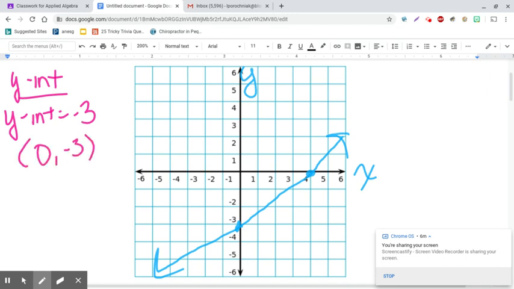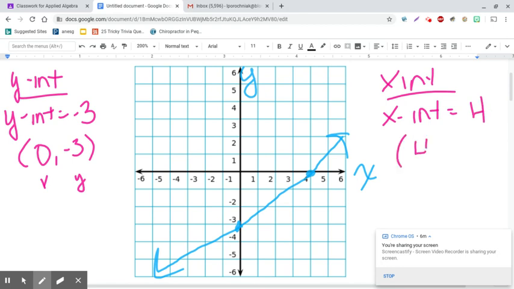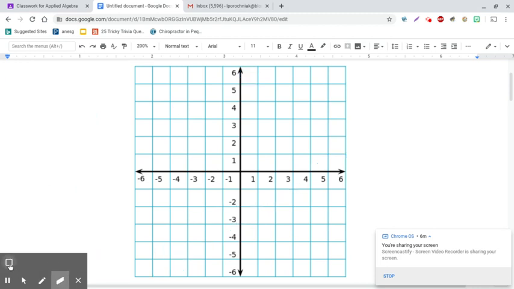Because the y value has to be your -3. Now let's do our x-intercept. All right, let's look at the x. Let's go all the way across. It hits at a +4. So x-intercept equals 4, which is going to look like 4, comma, 0. Because it's x, comma, y, right? Yay! Done. Not too bad, right? All right. Another one.